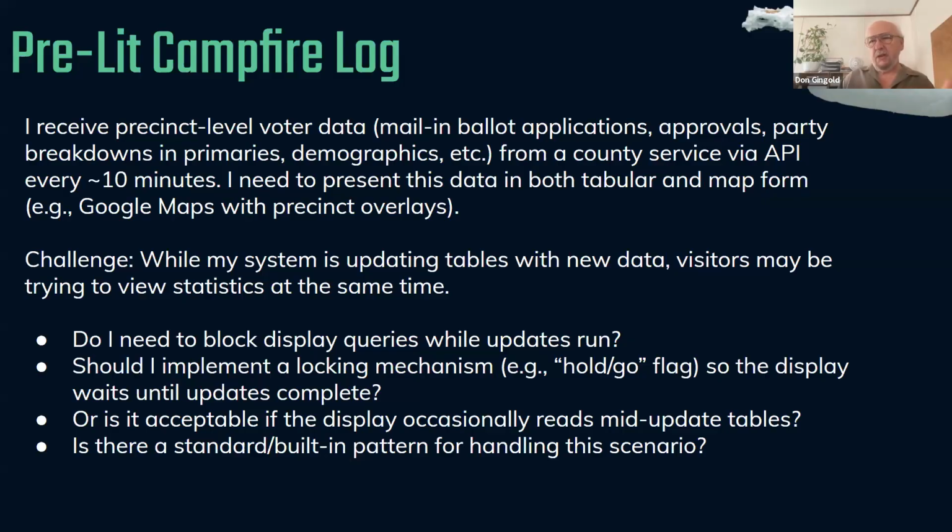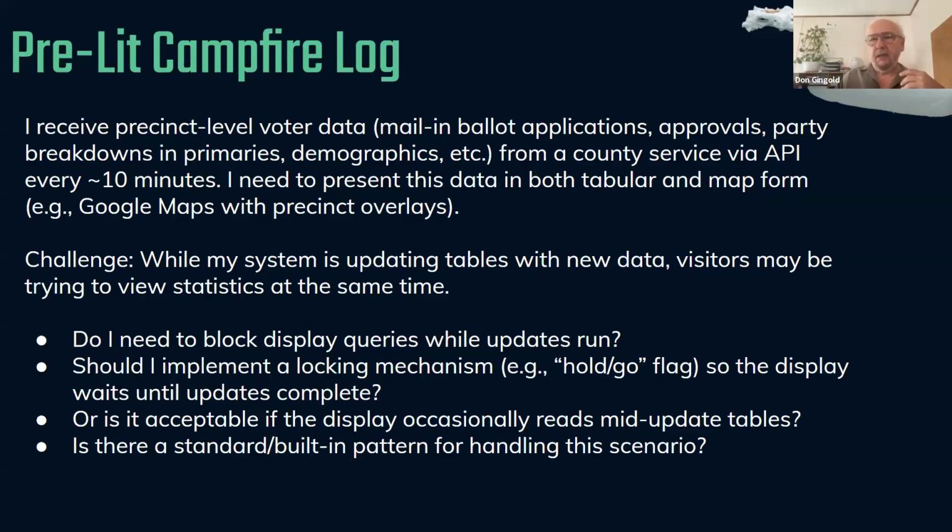If I was counting the number of vote by mail applications in a precinct of a county, I would have a county map on the screen with all of the precinct boundaries drawn. On top of that, a number, and that number in each precinct would be the number of vote by mail people in that precinct. So that's the view that people are going to see.